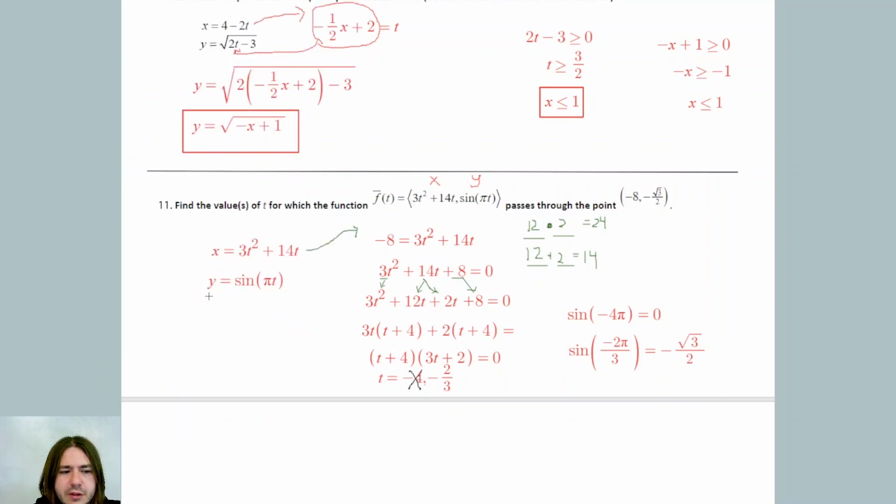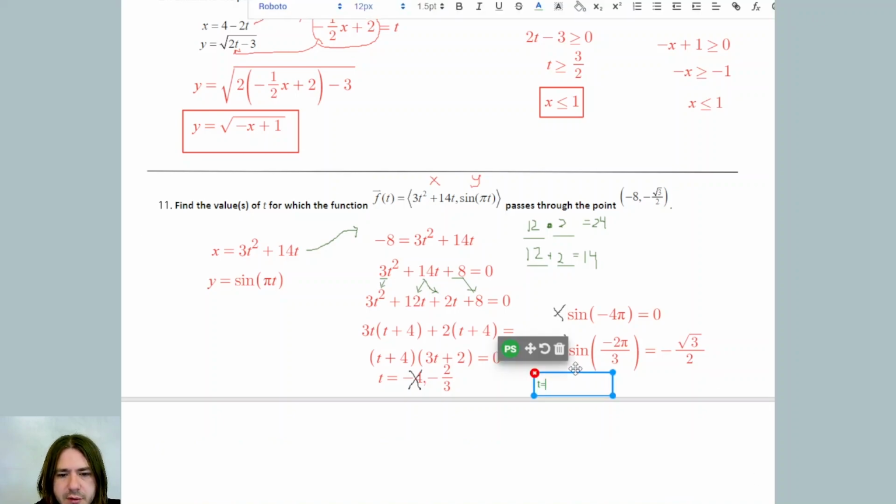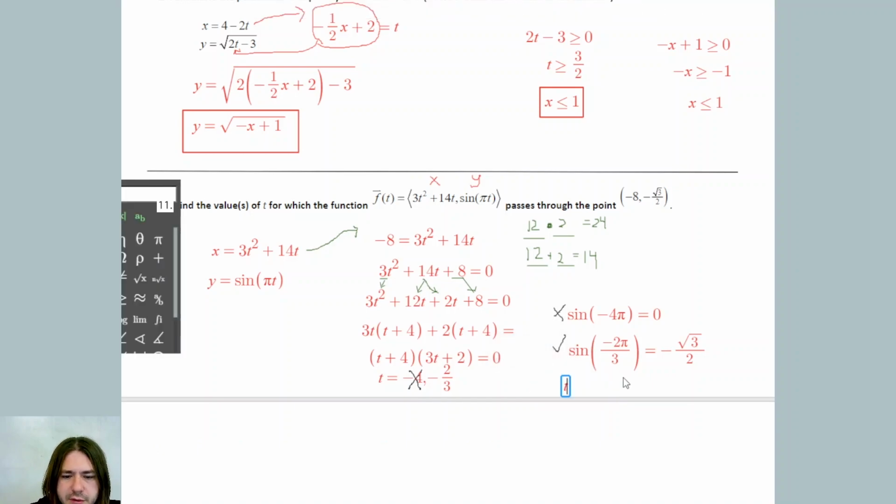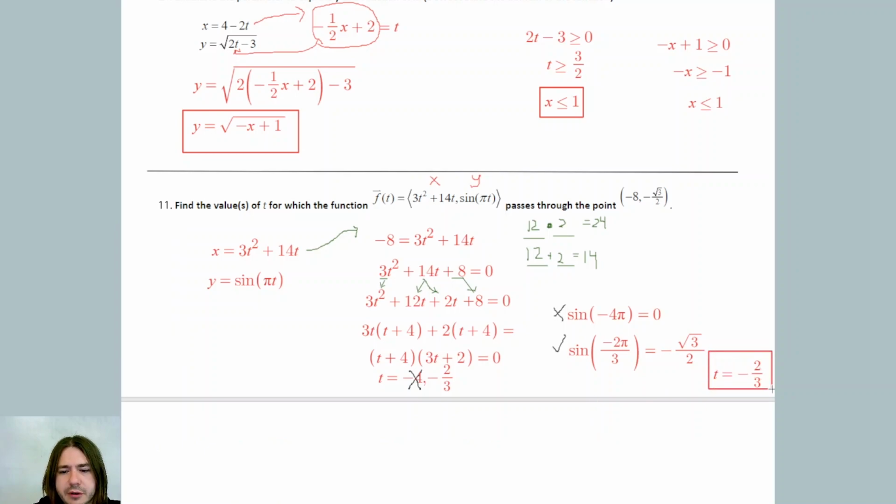So yeah, this one, the first one did not check out. The second one did check out. So our answer is just going to be t equals -2/3. And only -2/3. So we do not want to include that -4 in our solution set.